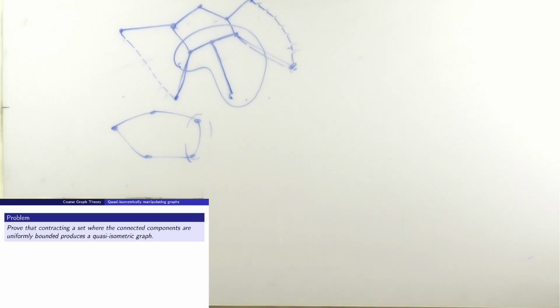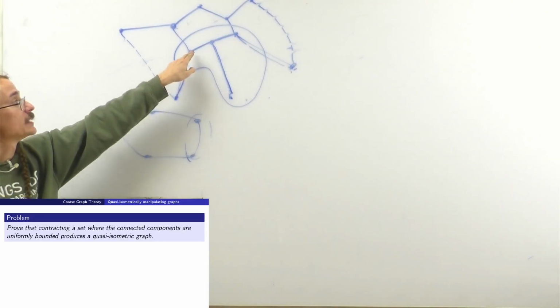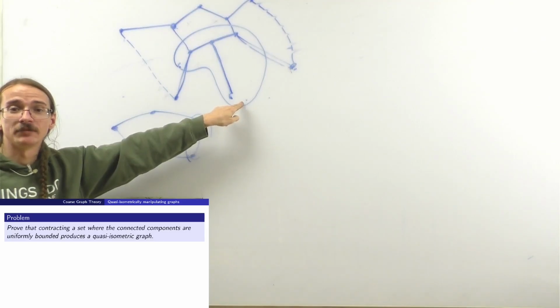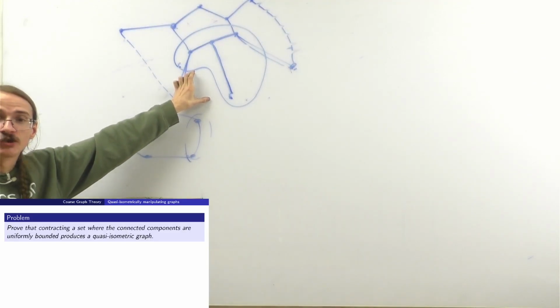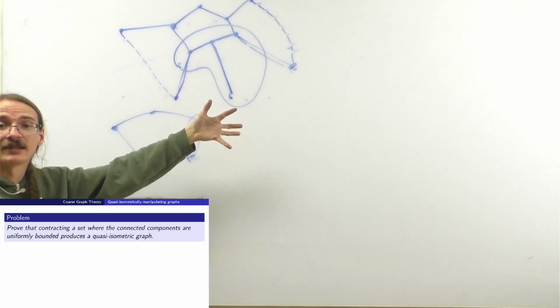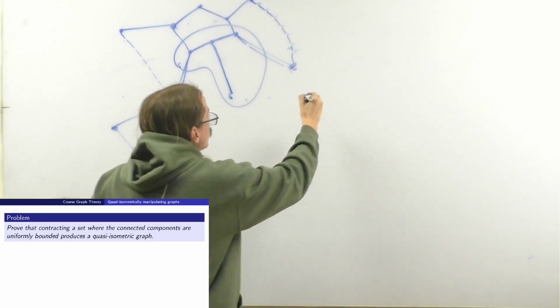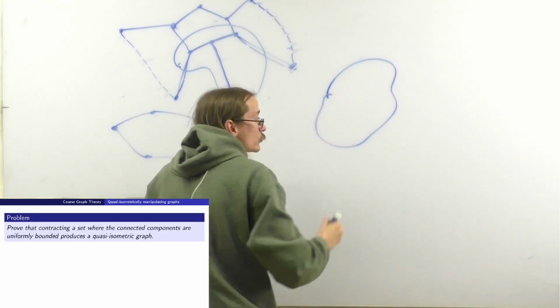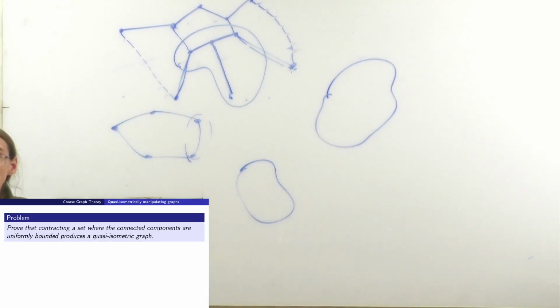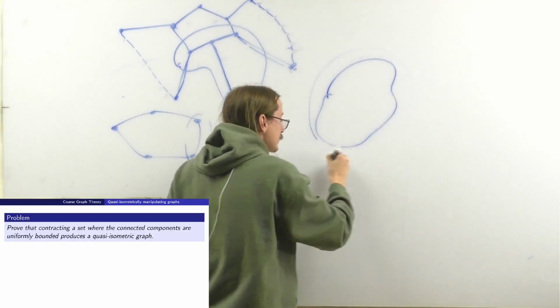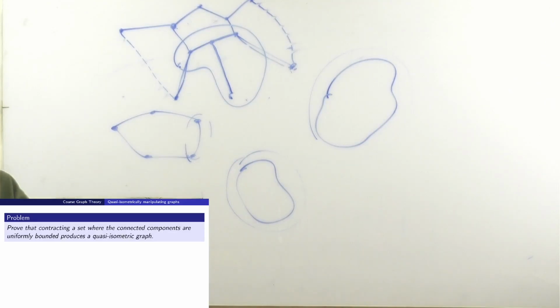Uniformly bounded. So this set is bounded means that there's some maximum distance points inside of it can be. Here, we're contracting a set where the connected pieces are uniformly bounded. That means that there is some bound that applies to all of the connected pieces of the set that I'm contracting. So, the set I'm contracting might not be connected. There could be some part of it here, some part of it here, some part of it here. But they're uniformly bounded, as in there is some bound, so that every single one of these pieces has diameter bounded by that thing.